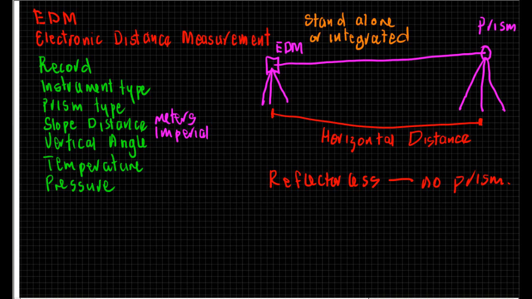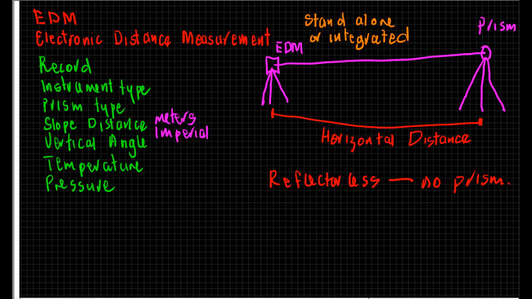When EDM first came out, it was an attachment to existing theodolites, but today we have the total station where the EDM and theodolite are integrated and able to measure, well, actually reduce the horizontal distance straight out of the machine, but it is able to show you the slope distance.